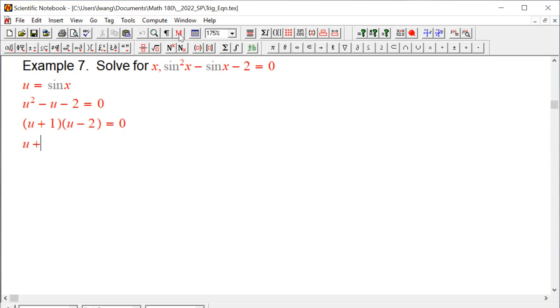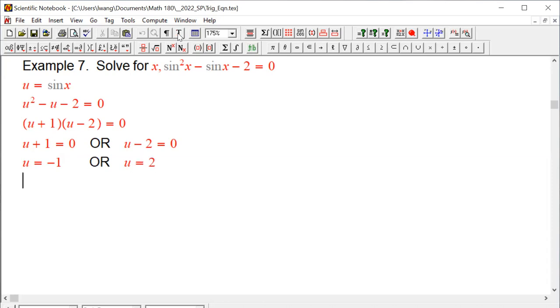So u plus 1 equals to 0, or u minus 2 equals to 0. Next, of course, we get u equals to negative 1, or u equals to 2.